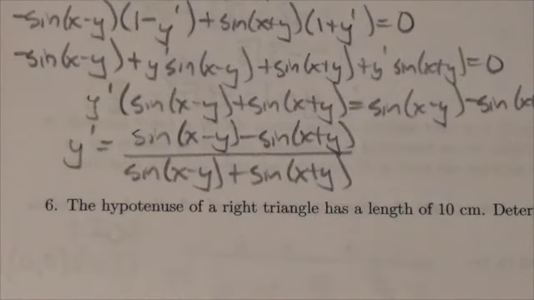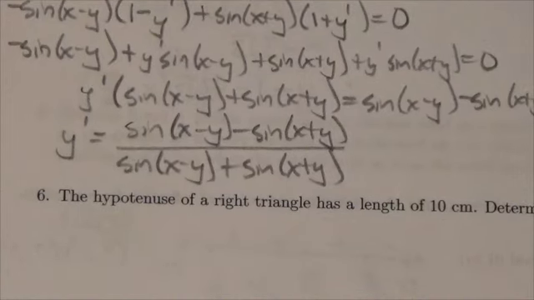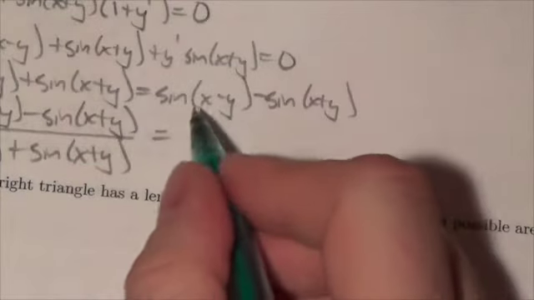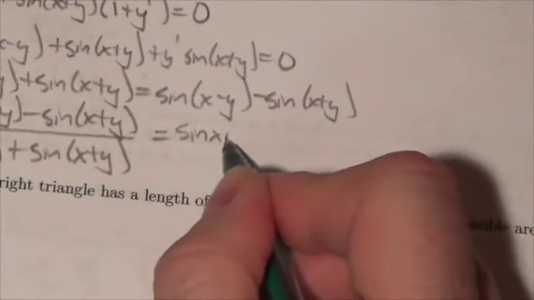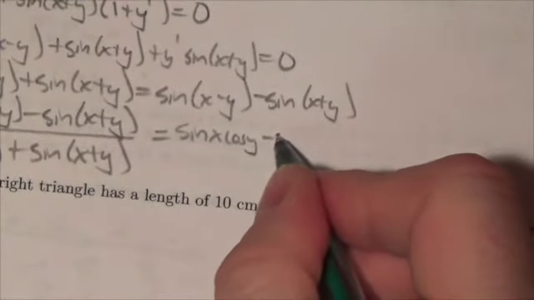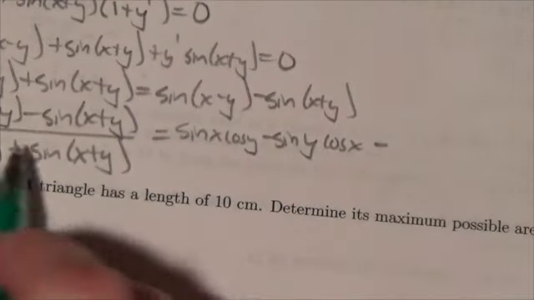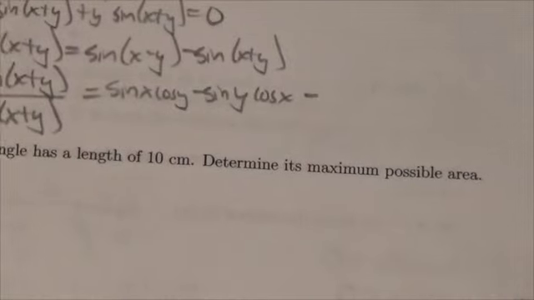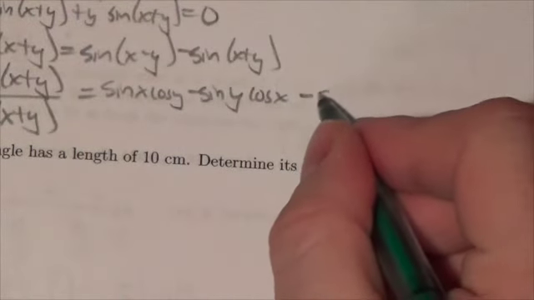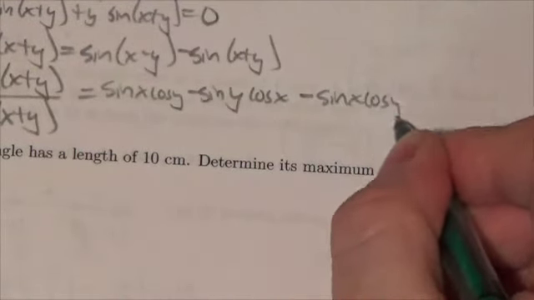All right, now I suspect that this can simplify down substantially more than that, if we apply the sum and difference identities. I don't want to spend a whole lot of time on this, but the numerator is going to end up being sine of x cosine of y minus the sine of y cosine of x, minus the sine of x cosine of y.